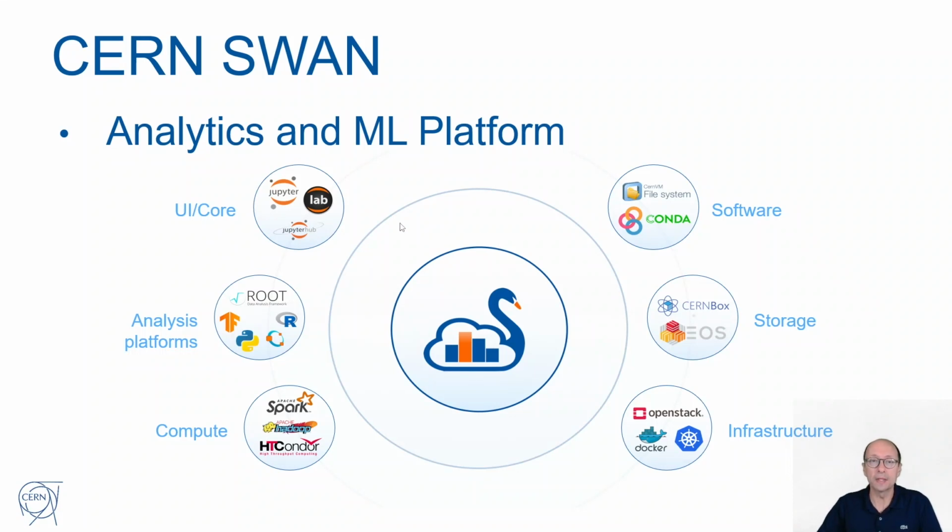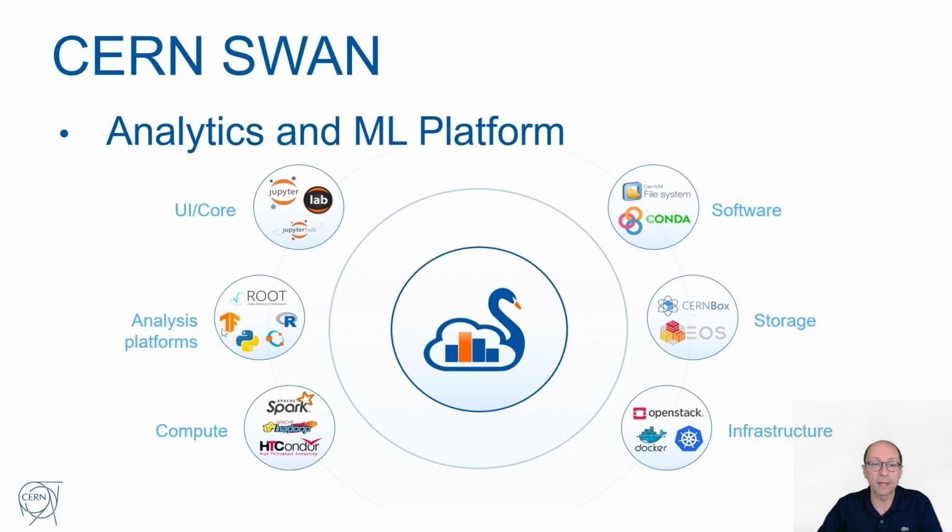CERN Swan is an analytics and machine learning platform. It's a hosted web notebook service that is integrated with many different systems of interest at CERN. So the UI is with Jupyter notebooks and also JupyterLab coming soon. And then it's integrated with many different types of software, all the CVMFS software of interest for CERN.